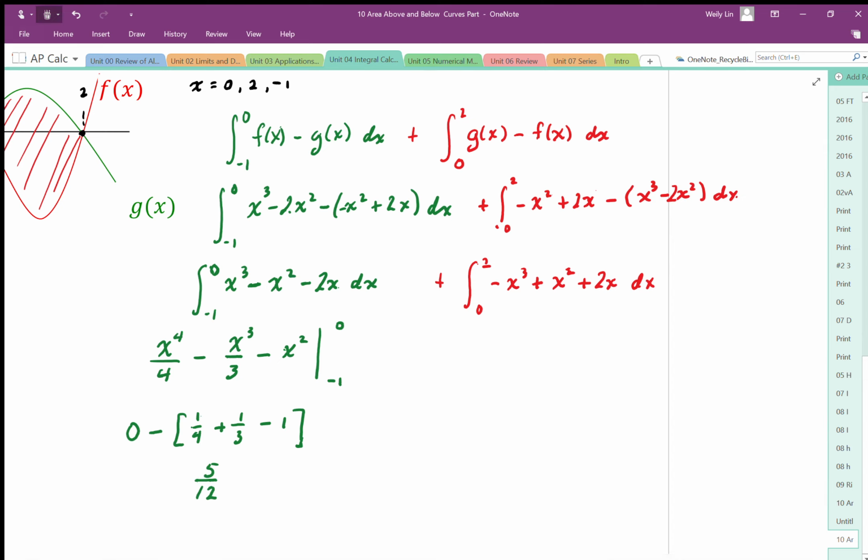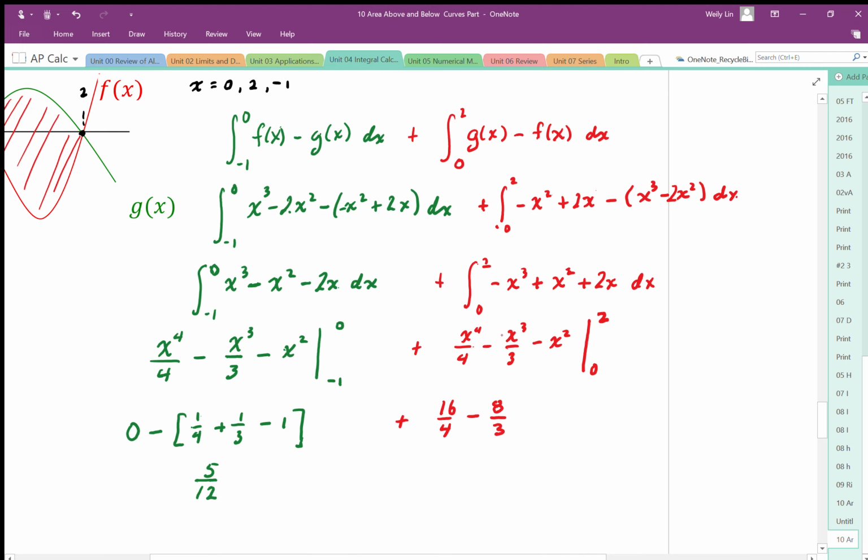Okay, and then I'll work out the red area. It's the same integral. It's going to be x to the 4th over 4 minus x cubed over 3 minus x squared. This integral is going to be from 0 to 2. So when I plug in the values, I end up with 2 to the power 4, which is 16 over 4. That works out to be 4 minus 8 over 3.